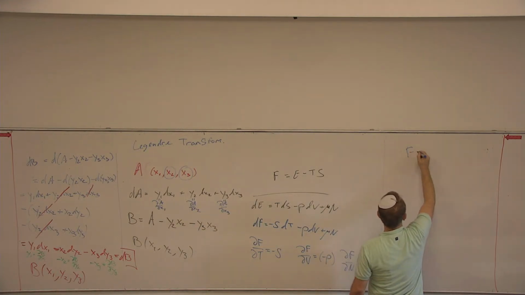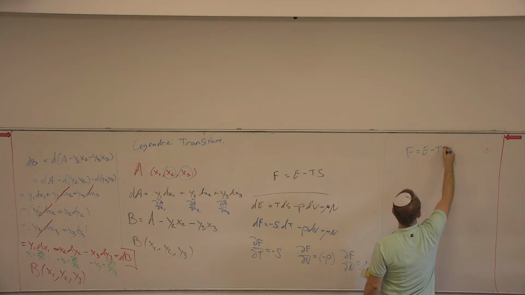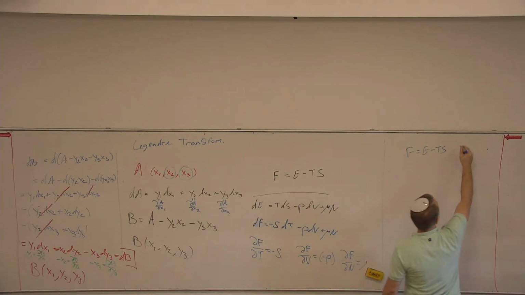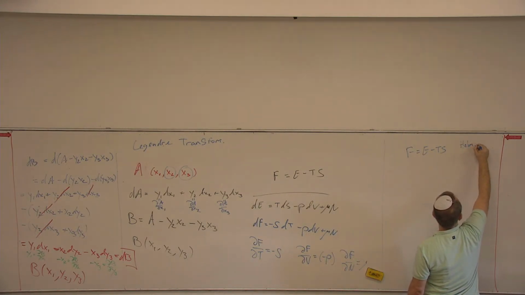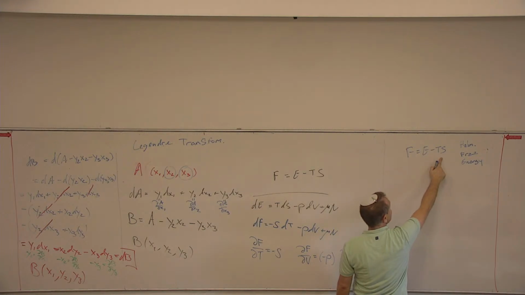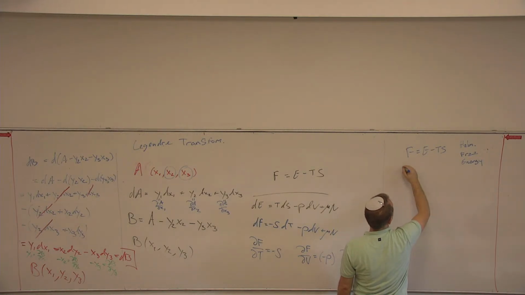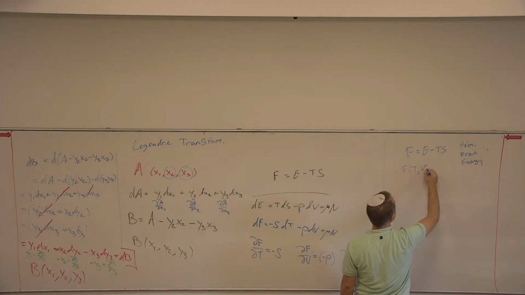We have F, which is E minus TS, the Helmholtz free energy. And since I've taken minus, F is going to be a function of T, V, and N.